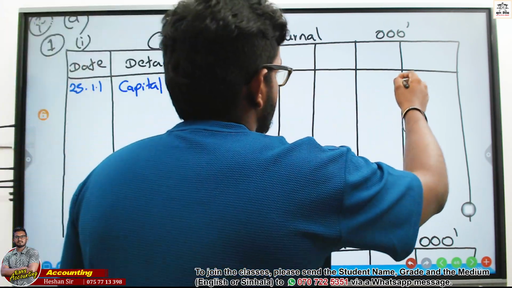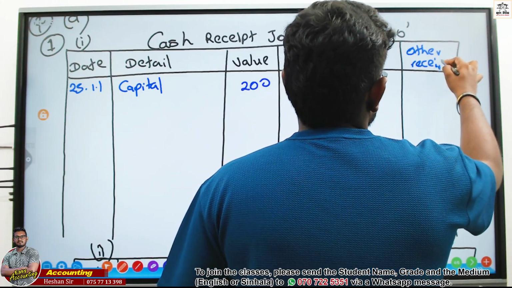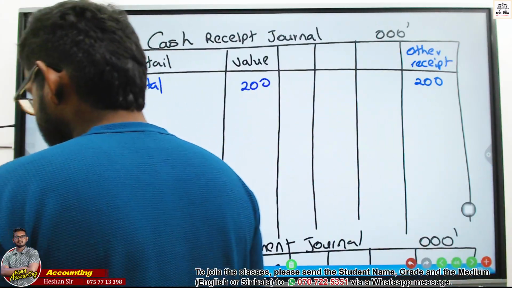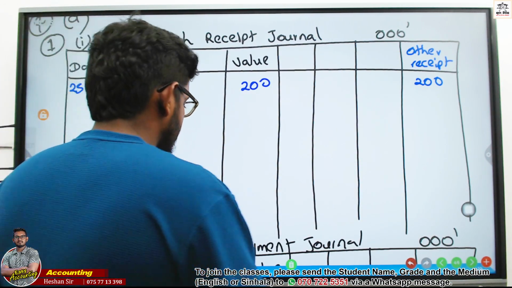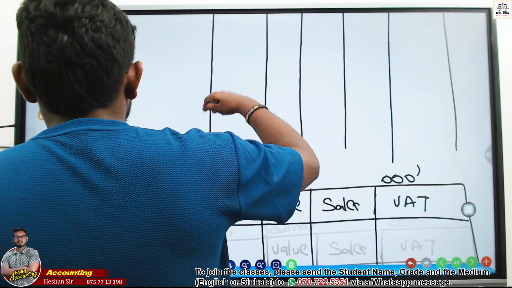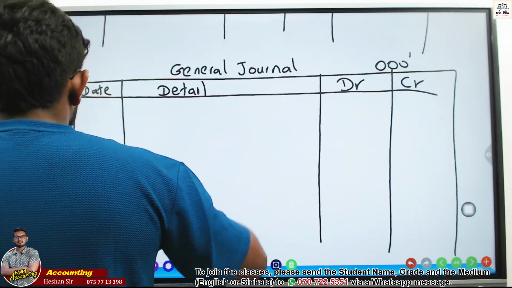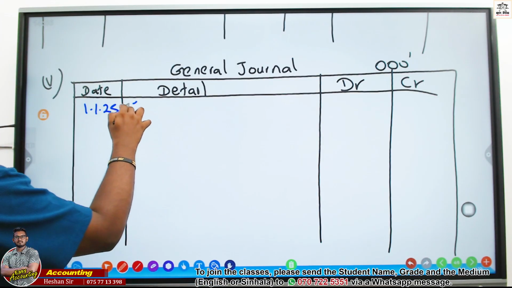It goes to the other receipt. So the owner invested furniture, you know, to record on the general journal. Go to the general journal and write. So this is 1st of January 2025.